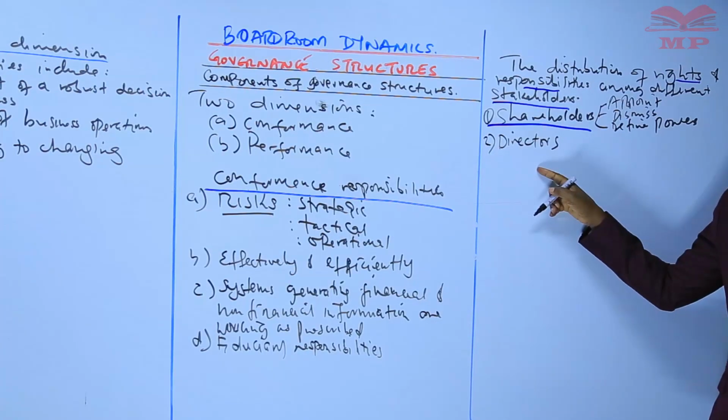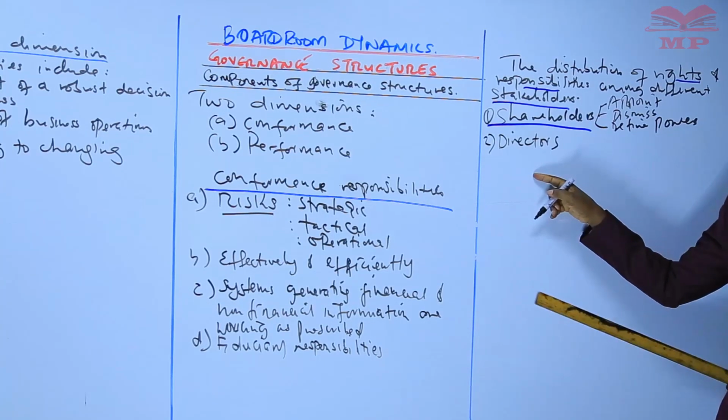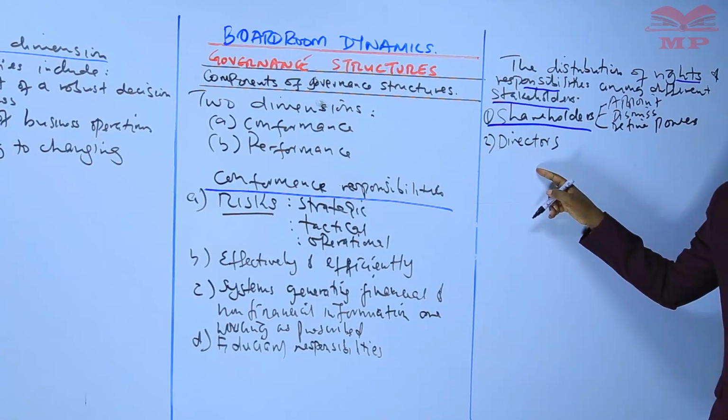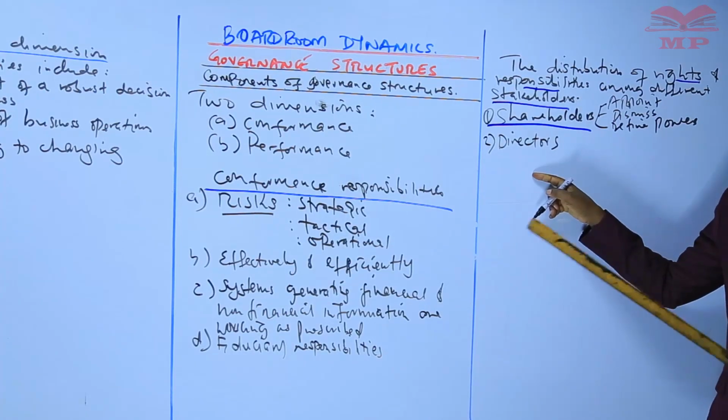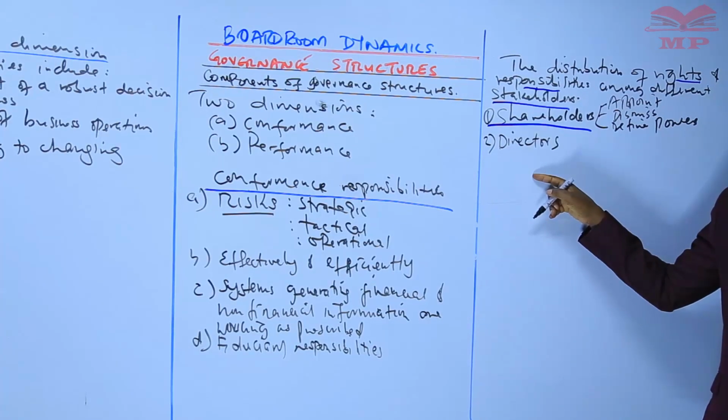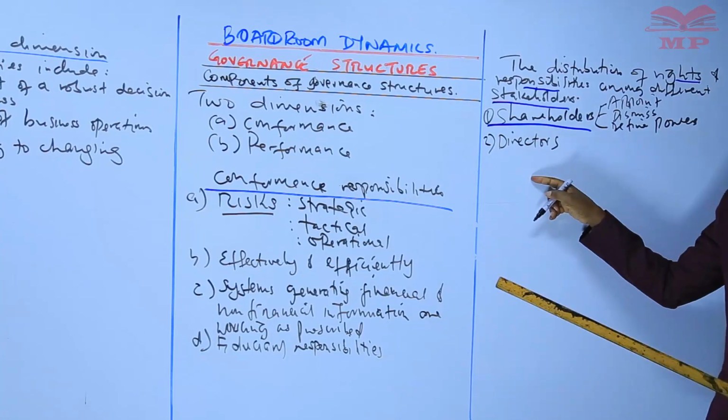And as such, the shareholders ultimately define the overall controls of the governance framework. The board of directors is envisaged as the primary decision-making body of the company. And it is collectively responsible for all the aspects of the company's activities.